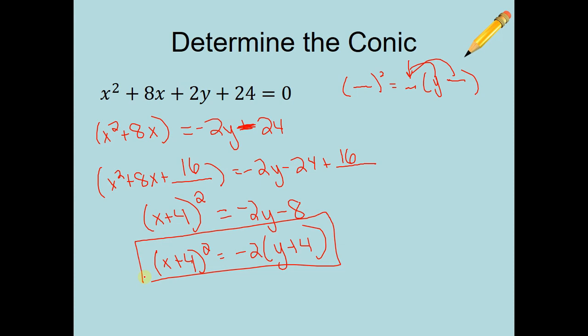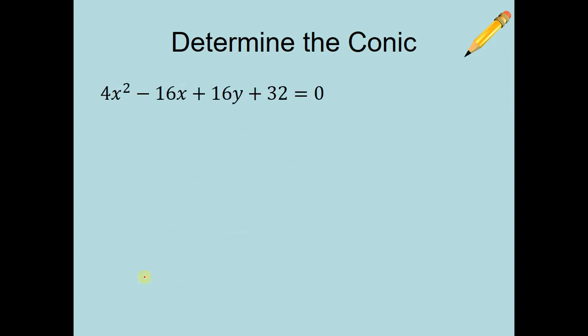Now notice, guys, this would be a downwards facing parabola. It would have a vertex of negative 4, and my p-value would be negative 1/2, which would be a very difficult parabola to graph, but nevertheless, it would be a parabola. Let's try one more here.